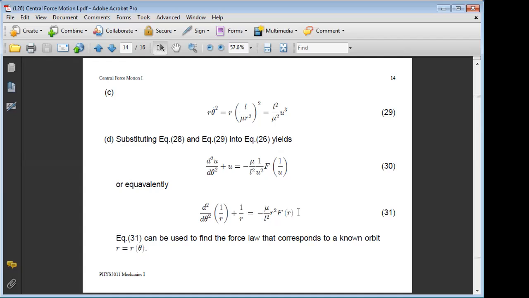Now we reverse the process by making a lot of observations. We know the trajectory very, very clearly. Then we can deduce the force acting on the particle, all right? By using this equation 31. Can you follow me?